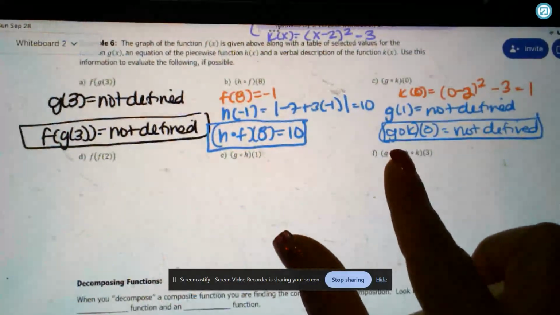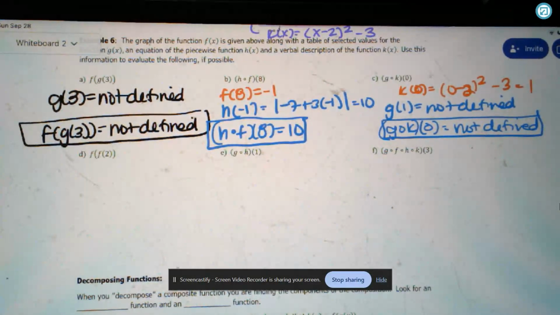All right, so take a second and look at D, E, and F. I'll go ahead and tell you only one of them is not defined. Just look at D and E first. F is a little confusing, so we may walk through it together. D and E are both defined. F is not going to be defined. We'll talk about why when we get there.